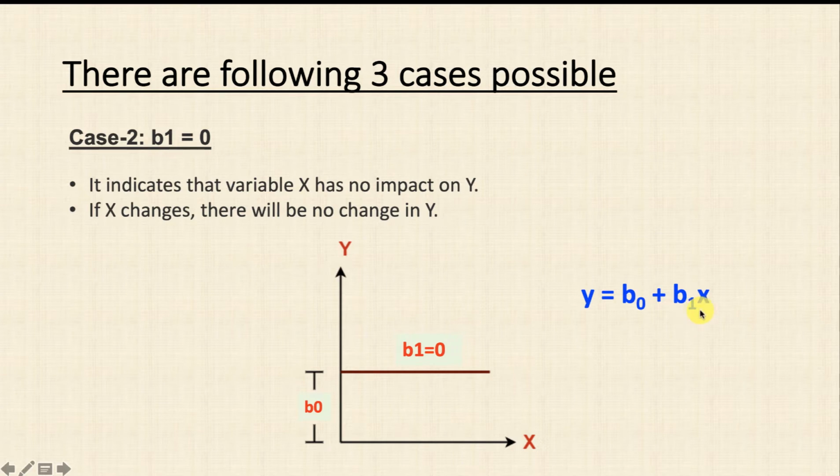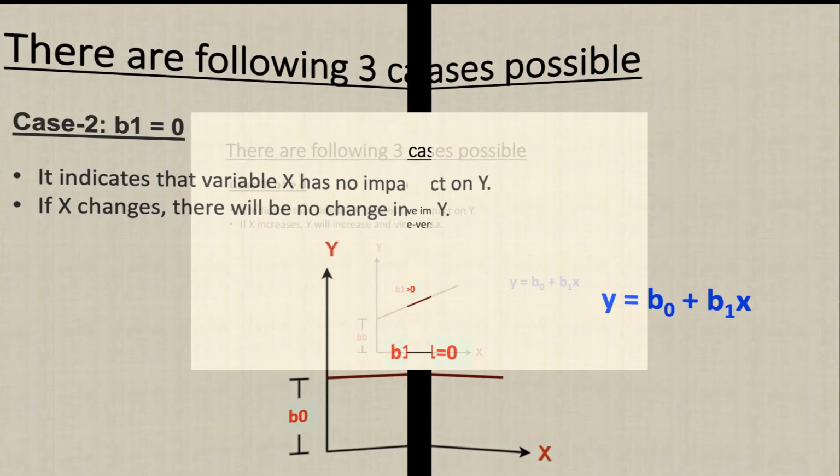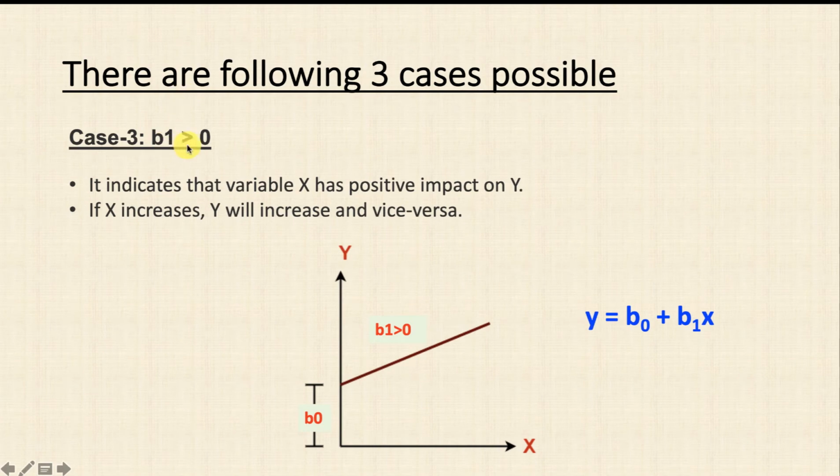If this coefficient b1 equals 0, it indicates that variable x has no impact on y, so it will be a straight line. So if x changes, there will be no change in y, right? And the third case is if b1 is greater than 0. Here you can see this is your b0 and b1 is greater than 0. So if x increases, y also increases, right? So this is the positive impact.